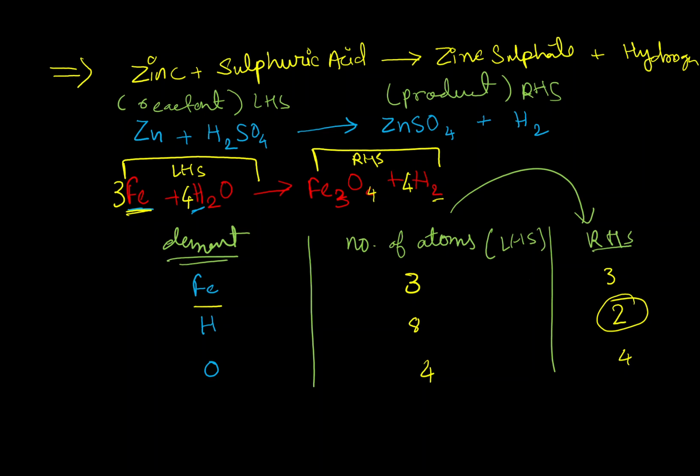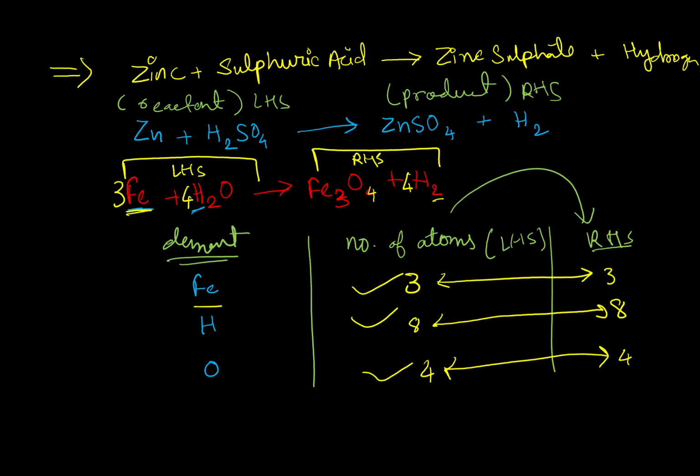And then 4 twos are 8, so we get 8 atoms of hydrogen in the right hand side as well. Now we have equal atoms in the RHS and LHS, and similarly here and here as well. So now all three are the same. This equation which we have here is now balanced.